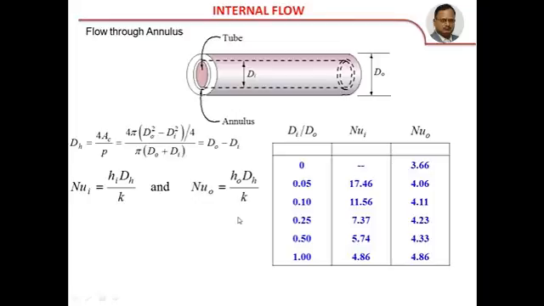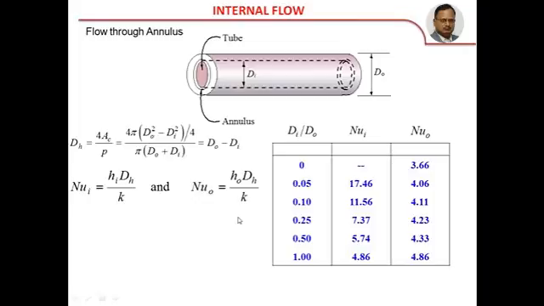If it is more than 2300 it is turbulent. If it is less than 2300 it is laminar. And the Reynolds number throughout the pipe remains the same, so there is no question of a laminar flow converting into turbulent. In the beginning, if the Reynolds number is greater than 2300, it is throughout turbulent. If it is less than 2300, it is throughout laminar.